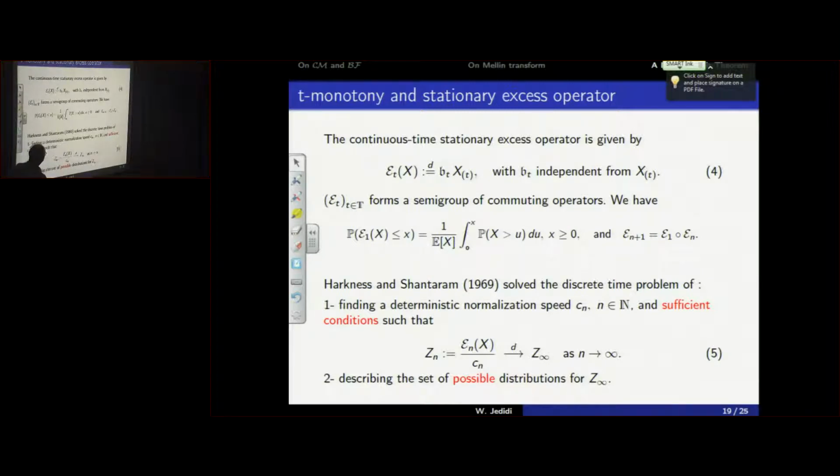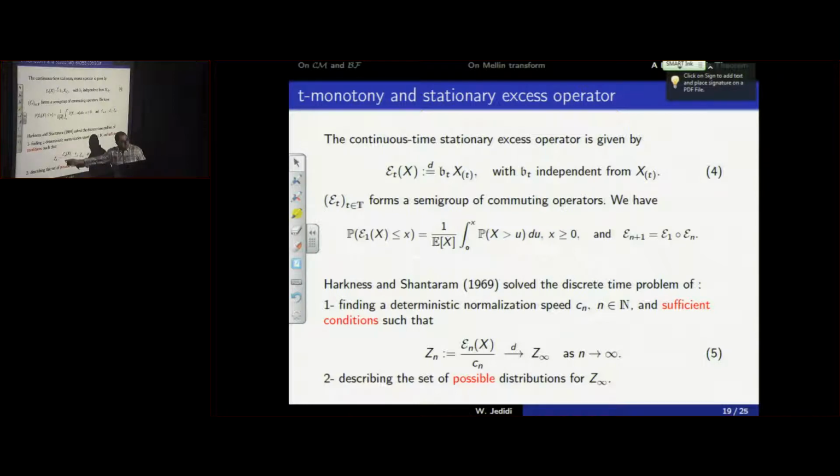And Harkness and Shantaram solved this problem. If you start with X, you apply this operator n times, you get a new distribution, or for probability, a new random variable.